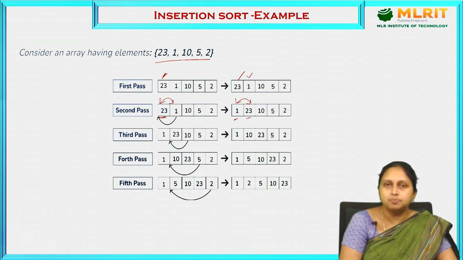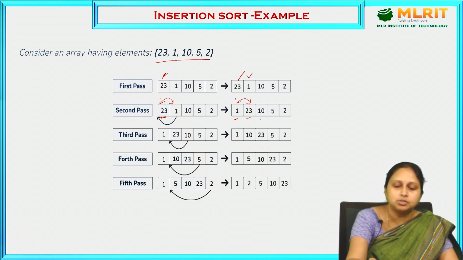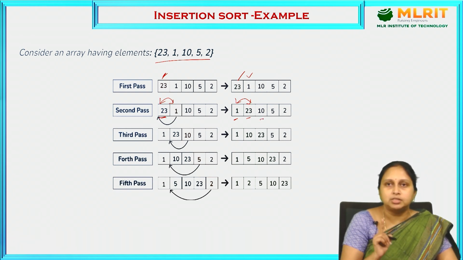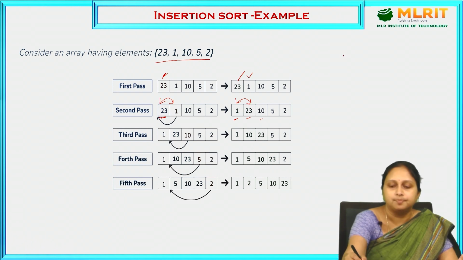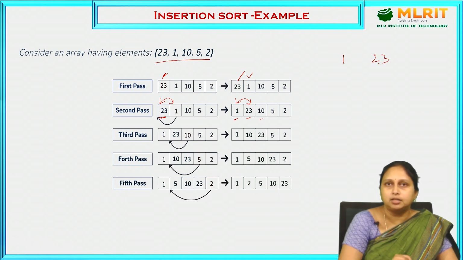And in the third pass, consider my third element is 10. But what is the actual position of 10? If I take 1 and 23, 10 should be in between 1 and 23. In the same way, here also we are going to do it.